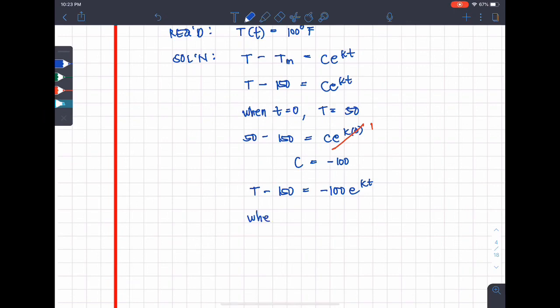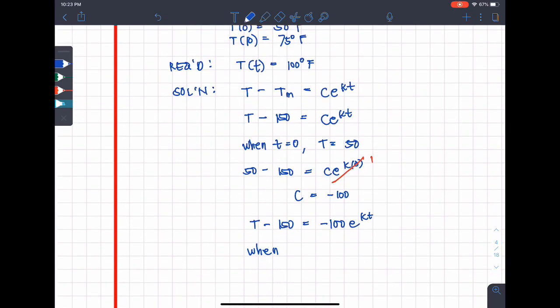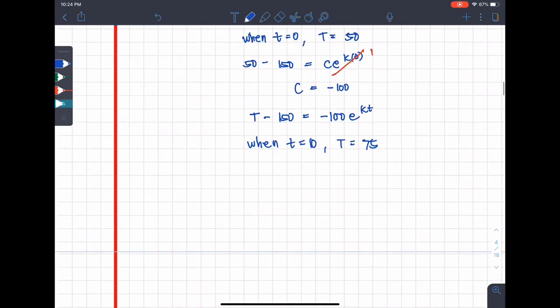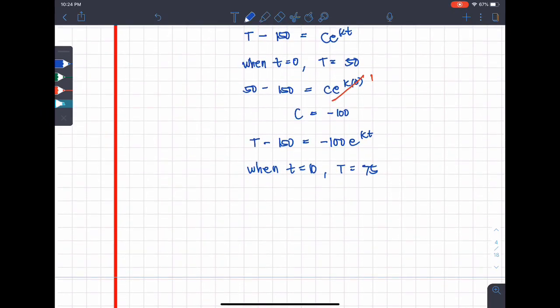And then the other given, that is when time is equal to 10, the temperature reaches 75 degrees Fahrenheit, or just simply 75. From here, T is 75 minus 150, and that would be equal to negative 100 e^(k), and the time is 10 minutes.